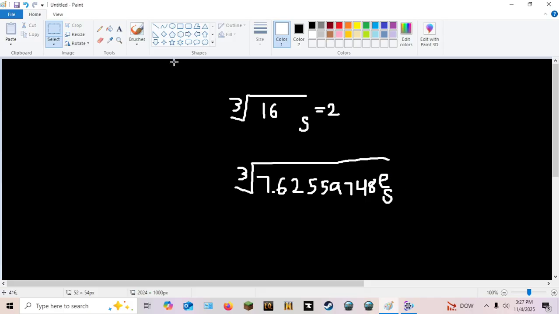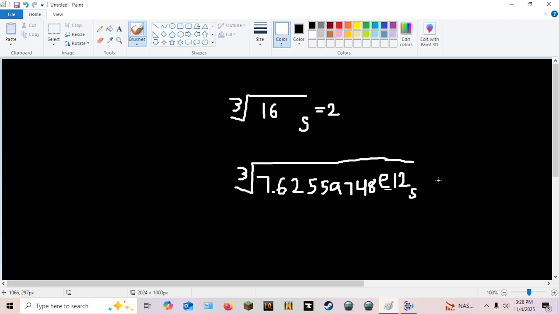I don't know what happened. That S should be in the wrong spot. I've got to put the S right here. I'm just checking if I get the numbers correct. Yep. I use E notation.